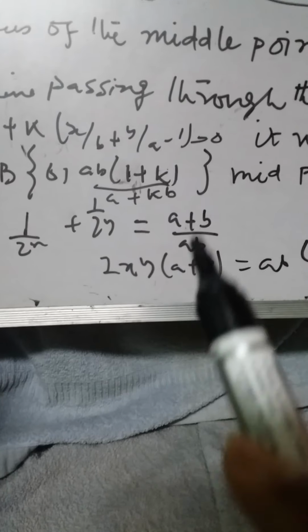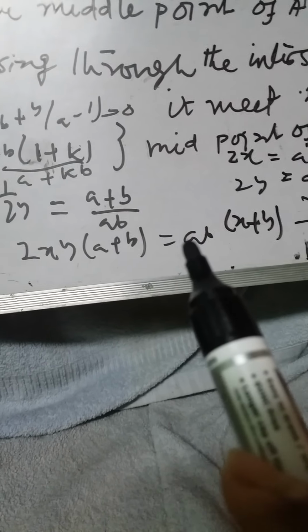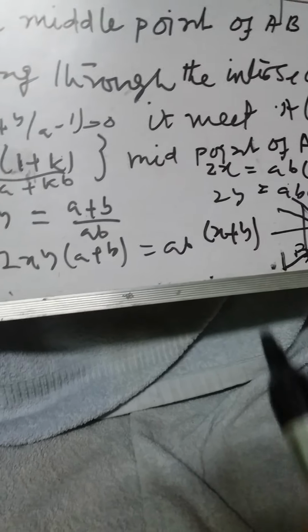Here the space is very minimal, that's why we jump some steps. After this, we get 1 by 2x plus 1 by 2y equal to (a plus b) by ab, and then after multiplication we get 2xy (a plus b) equal to ab (x plus y).